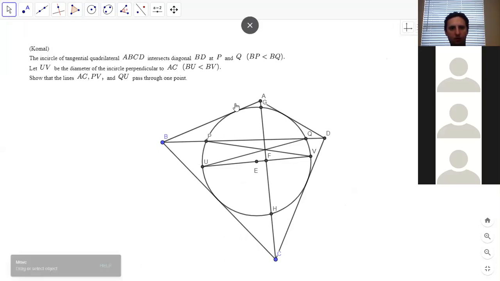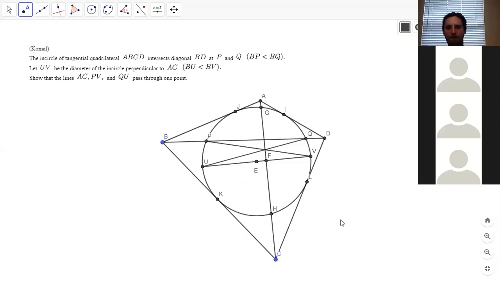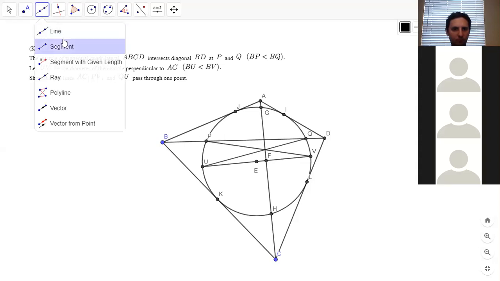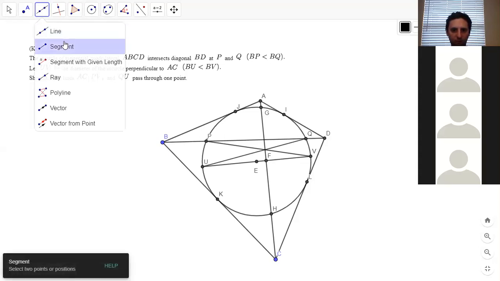Can you call out the tangent point? Yeah, sure. Can you check if the four lines JI, KL, UV, and PQ are concurrent?